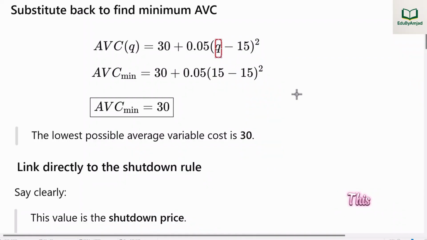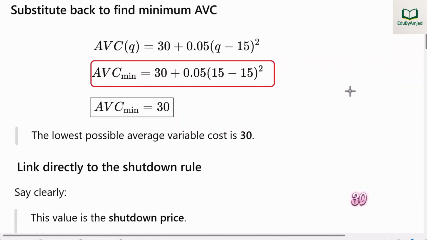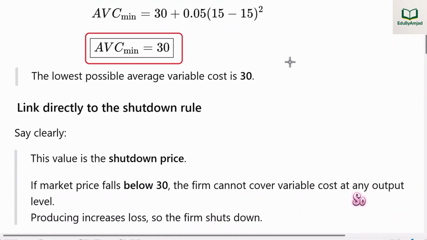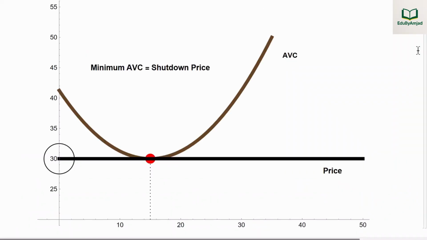Now substitute this value back into the AVC function. AVC at 15 equals 30 plus 0.05 times (15 minus 15) squared. That equals 30. So the minimum average variable cost is 30. This value is the shutdown price. On the graph, this point is the lowest point of the AVC curve.